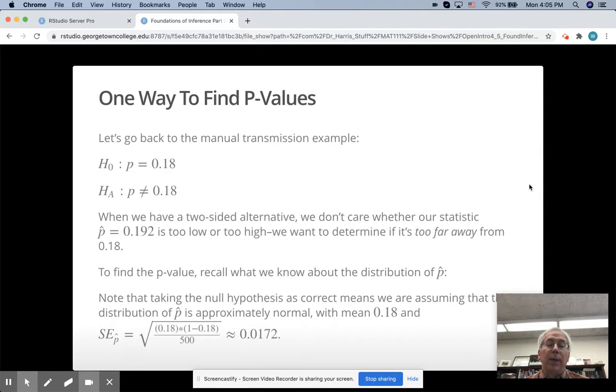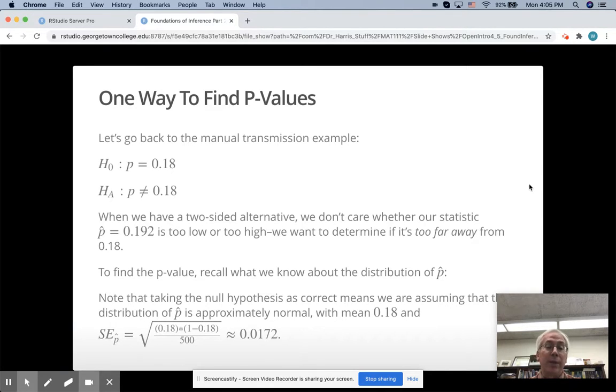So if we have collected data, we've got a sample statistic, we know something about the distribution of p hat under the assumption that the null hypothesis is true. If our null hypothesis were that the proportion of US adults that can drive a standard transmission automobile is 0.18, then from our sampling distribution activity, the distribution of p hat will be approximately normal, centered at 0.18 because we're assuming that the null hypothesis is true.